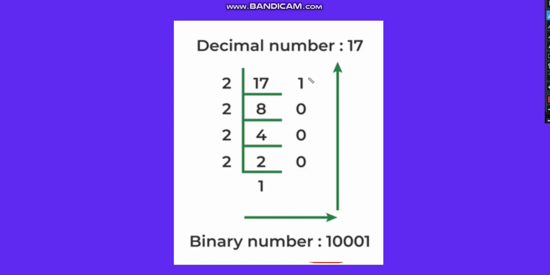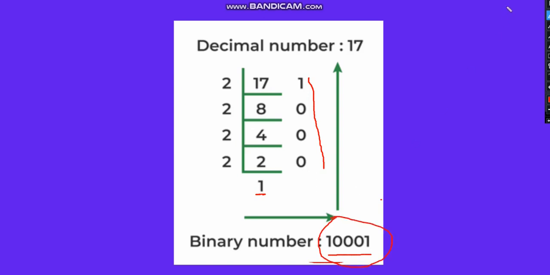So this was our order of remainders we calculated. We have to reverse it and then we will get a binary number. So this is a binary number, 1 0 0 0 1. This 1 was a remainder.